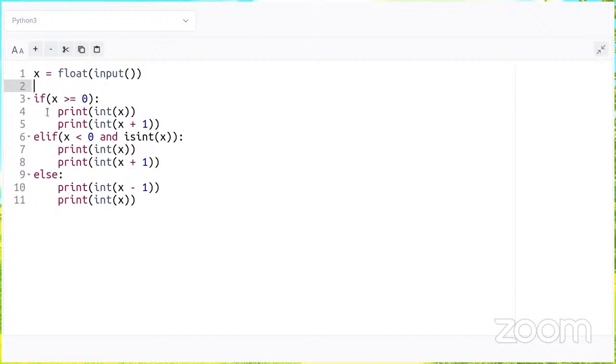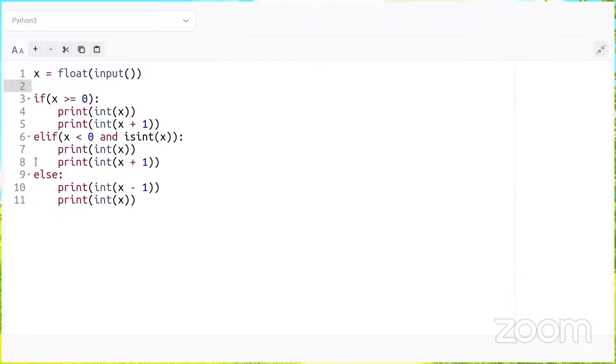For a negative integer, the same code will work. But in case of a negative value that is not an integer, I need to work with integer of x minus 1 and integer of x.